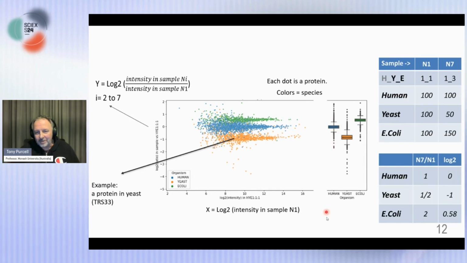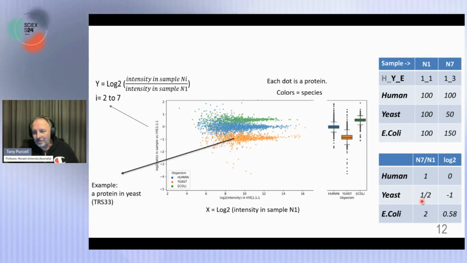Also shown here in a distribution plot. The yeast is around half of the amount in the reference sample, so we'd expect a log2 value of -1. And again, this lines up pretty nicely here with the orange-colored yeast dots.